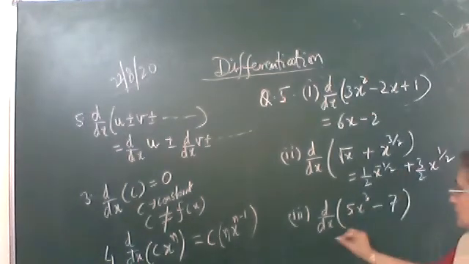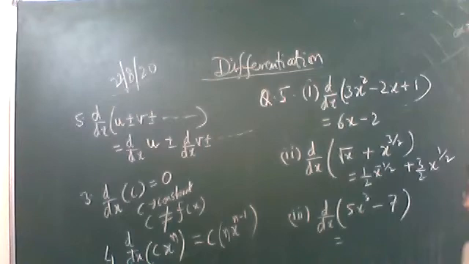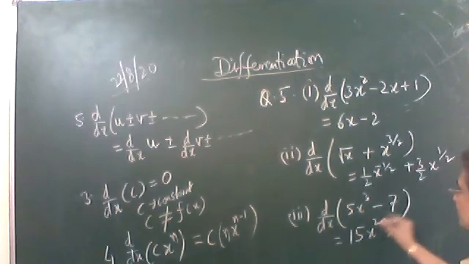The third question, 5 outside, d by dx of x cube. x cube gives 3x square. So 5 into 3, 15x square, and d by dx of 7 is 0.